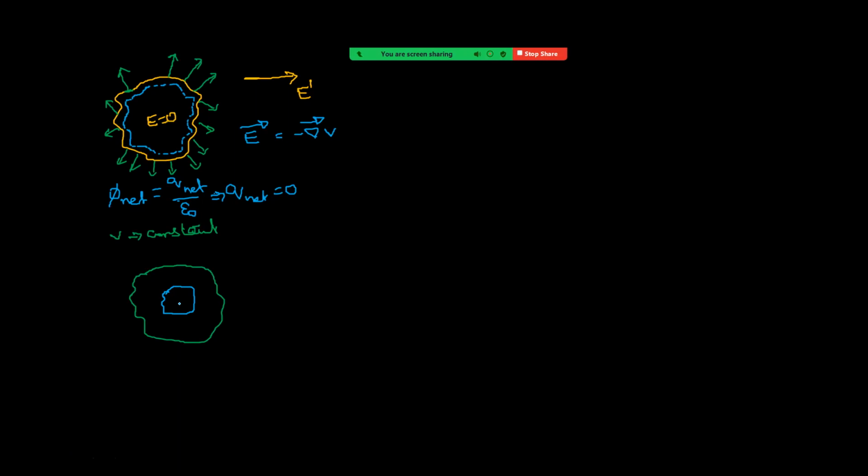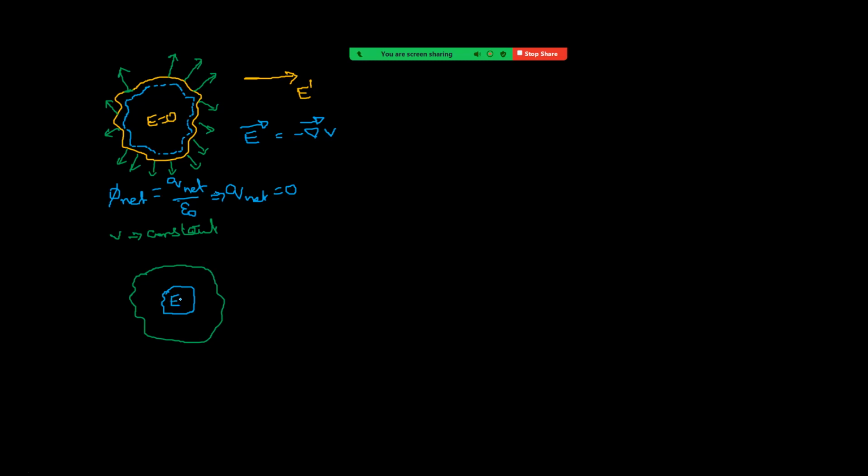Now inside the cavity also the field will be zero, because before removing, the field was zero. After removing also the field remains the same. That means again E value is zero.